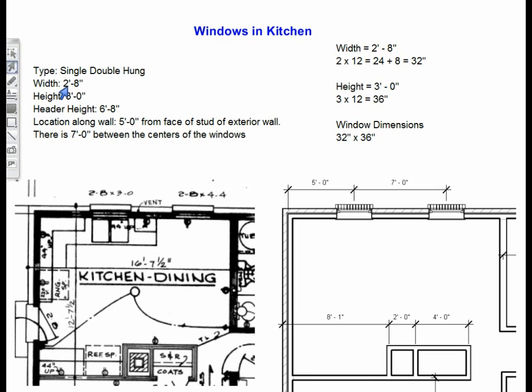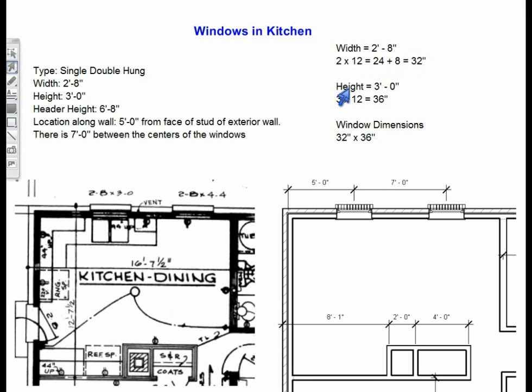We will need to convert the 2 feet 8 inches into inches, so we take the 2 feet, multiply that by 12, that equals 24 inches. Then we will add the additional 8 inches to the 24. That will give us 32 inches. So the width of the window is 32 inches.